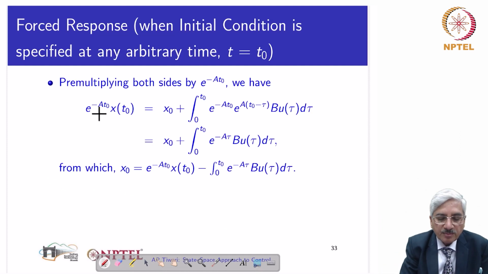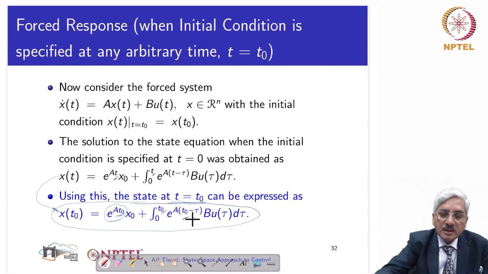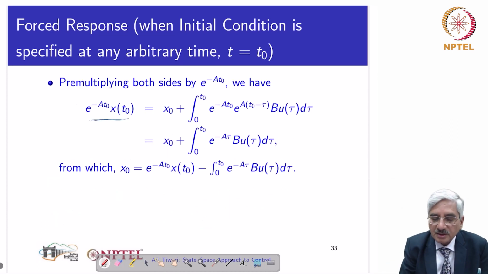So we get e^(-A t0) x(t0) equal to, see, e^(A t0) x(0) multiplied by e^(-A t0) leads to the identity, and we will be left only with x(0). And e^(A t0) multiplied by the other term leads to cancellation of one of the terms, and we will be left with only e^(-A tau).